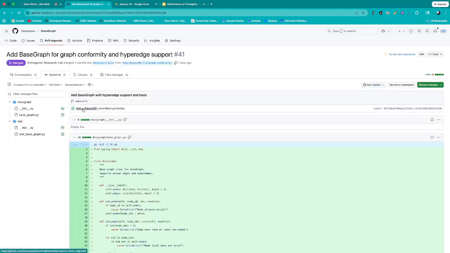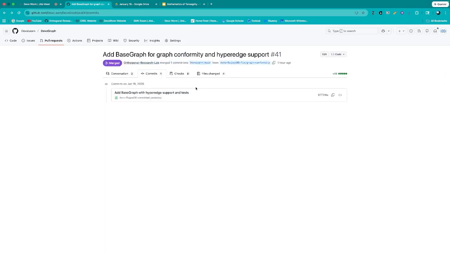And this adds some functionality to some of the things that are going on in the DevoLearn graph neural networks repository. So again, this is just adding to the capabilities of that software. So thank you for that commit.